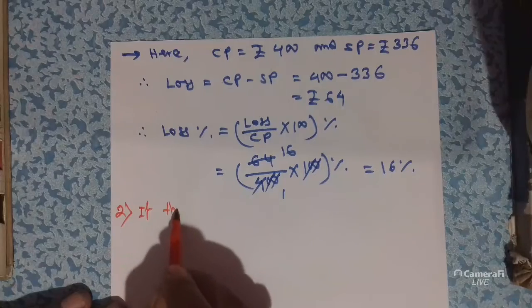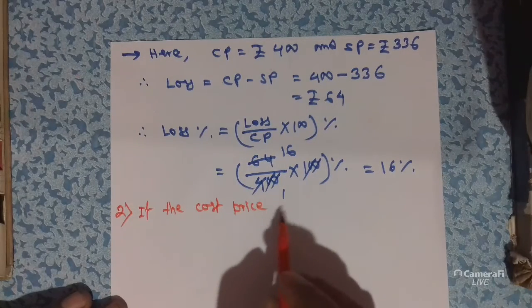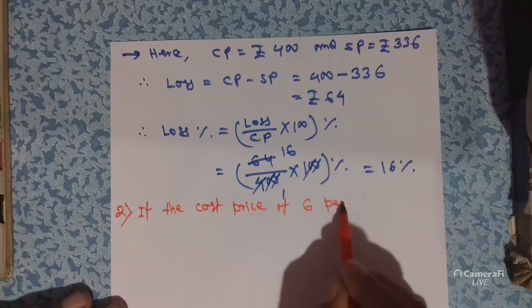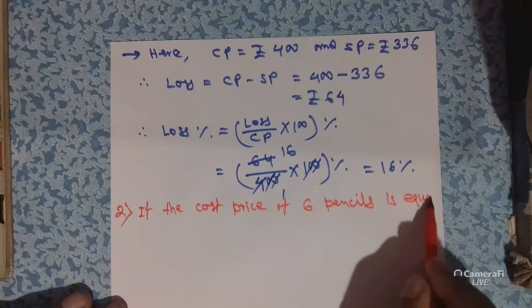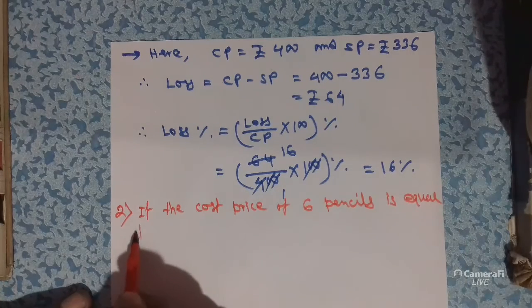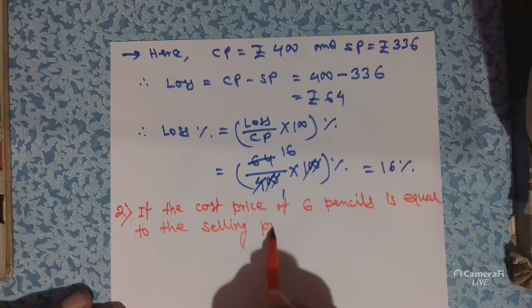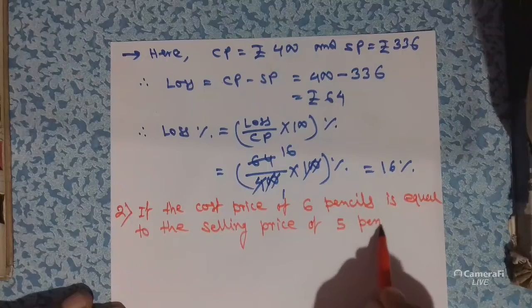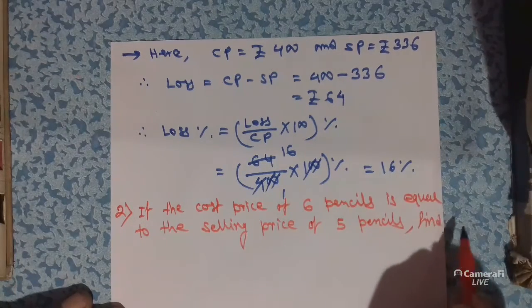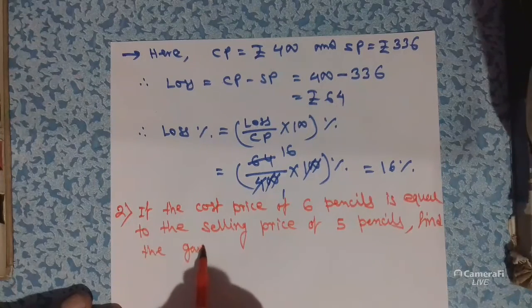If the cost price of 6 pencils is equal to the selling price of 5 pencils, find the gain percent.